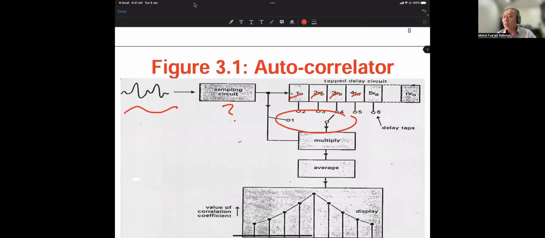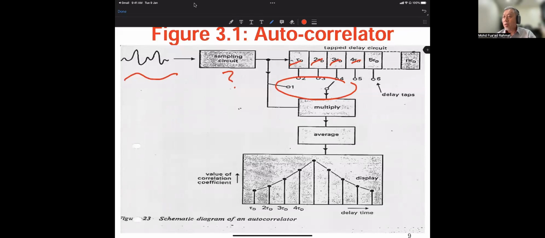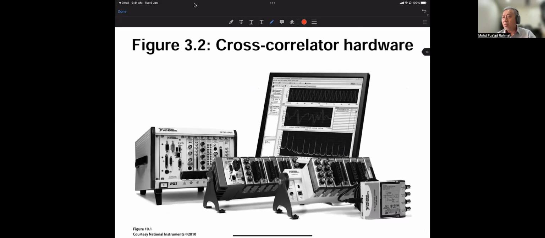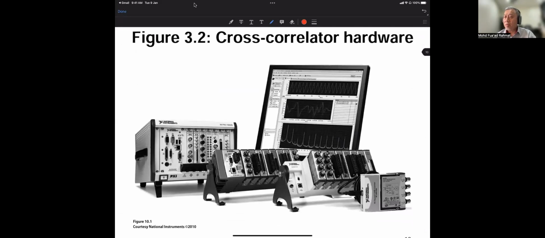Then we multiply, and then we average, then we plot and display the value of the correlation coefficients versus time delay. So this is the equipment for the correlator hardware. This one is from National Instruments.